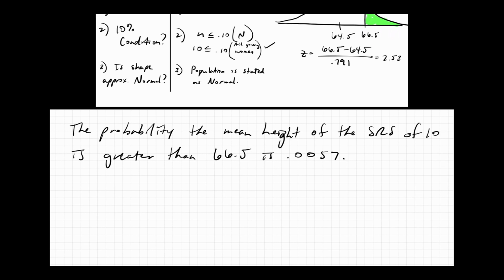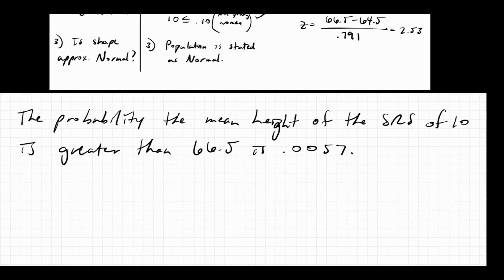The probability that I reach in the bag, grab out 10 girls' names, and find their average, that the average of those 10 girls is bigger than 66.5, is less than 1%. The bigger the sample, the more likely it's going to do what it should do, which is hang around 64.5.